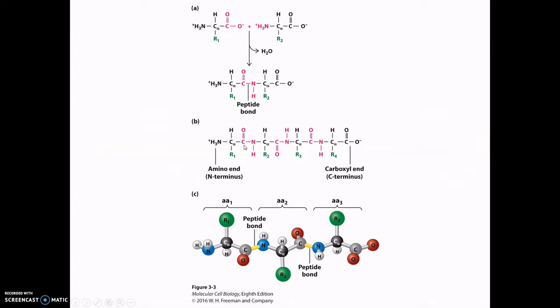Now, the reason why these secondary structures happen has a lot to do with this peptide bond. Notice here we have a carbon double bonded to an oxygen, and then bonded to a nitrogen, and that nitrogen is bonded to a hydrogen.